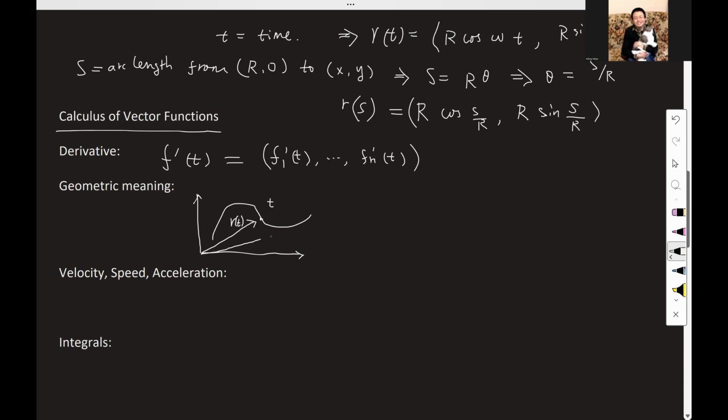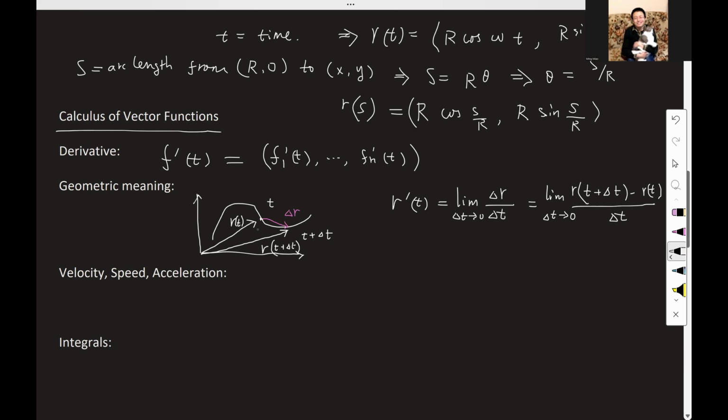And let's say at some next instance, t plus delta t, the particle moved. The difference between r(t) and r(t plus delta t), according to vector algebra, is just this increment vector. So r prime of t is just the limit of delta r over delta t, where delta r equals r(t plus delta t) minus r(t), as delta t goes to 0.